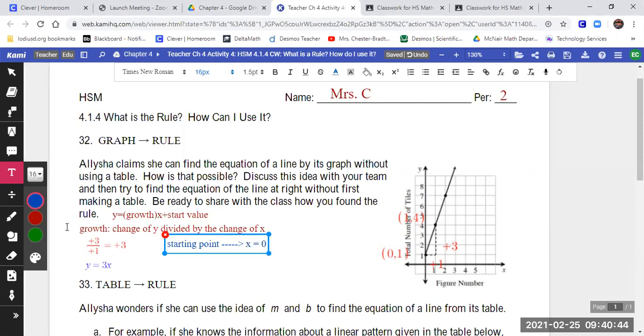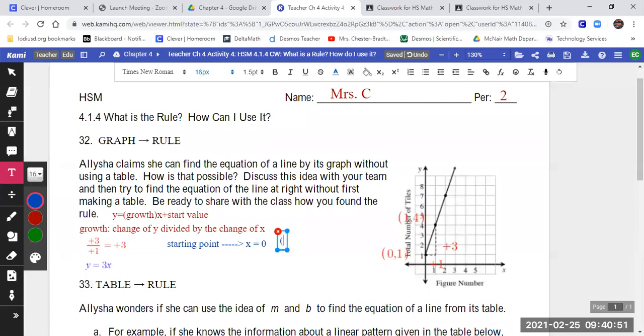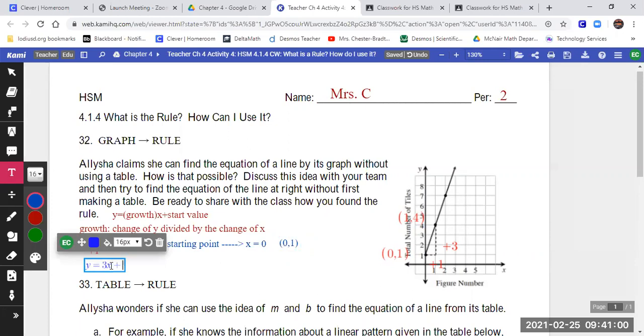So for this situation, our starting point is 0, 1, right? 0, positive 1. So I finish off my equation by saying add 1.